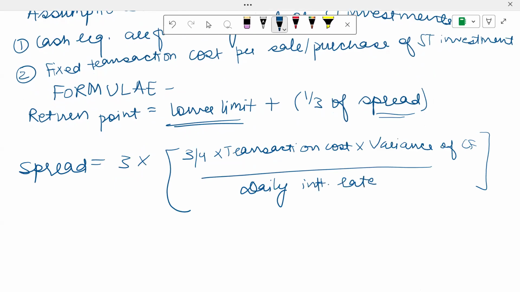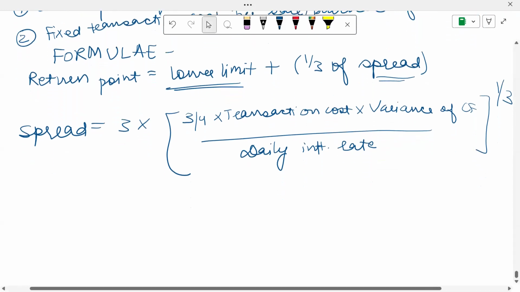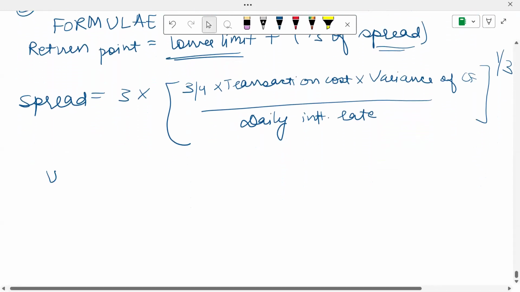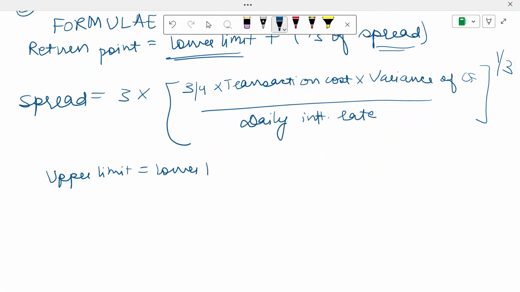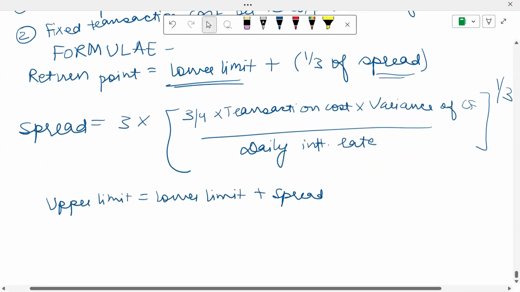And then this entire thing has to be raised to the power of 1/3. This is the formula to calculate your spread. And one more formula is that your upper limit is going to be lower limit plus the spread. Now you have all three formulae which this model has given us.